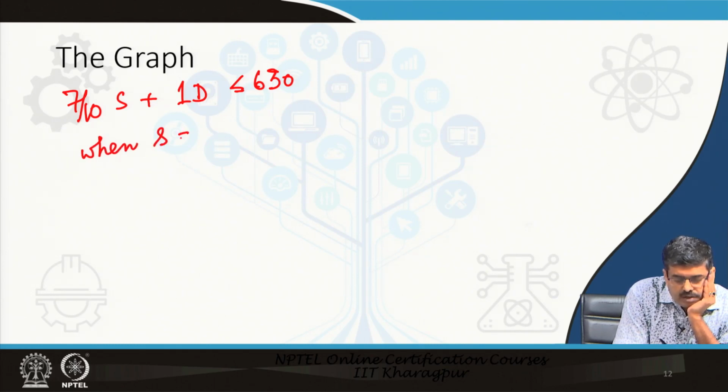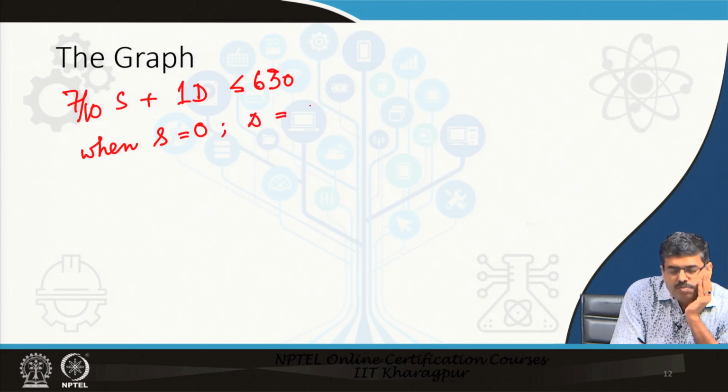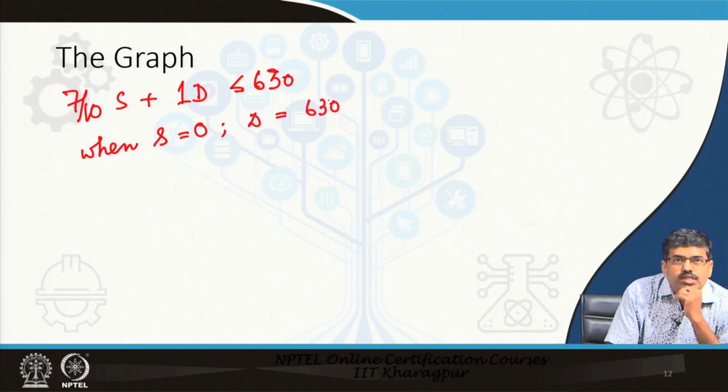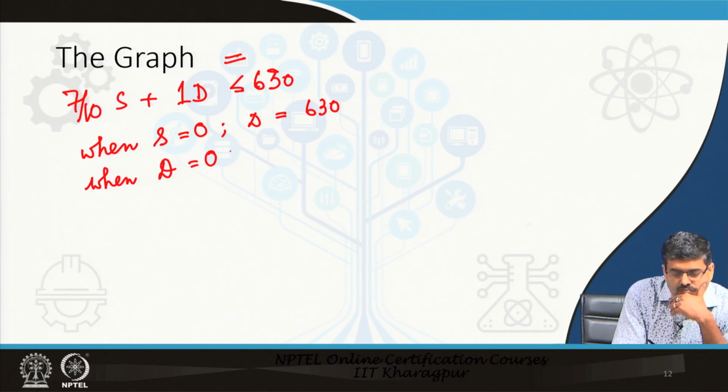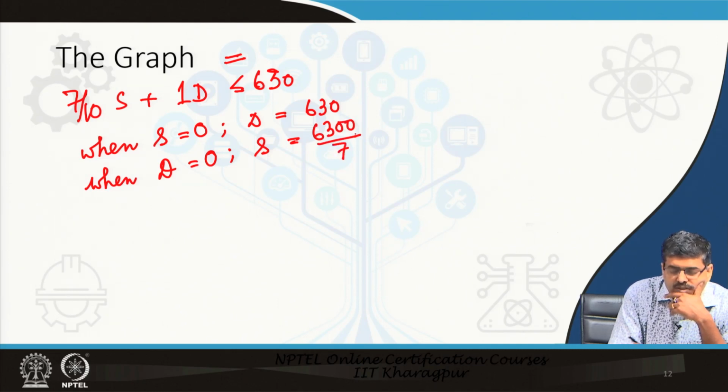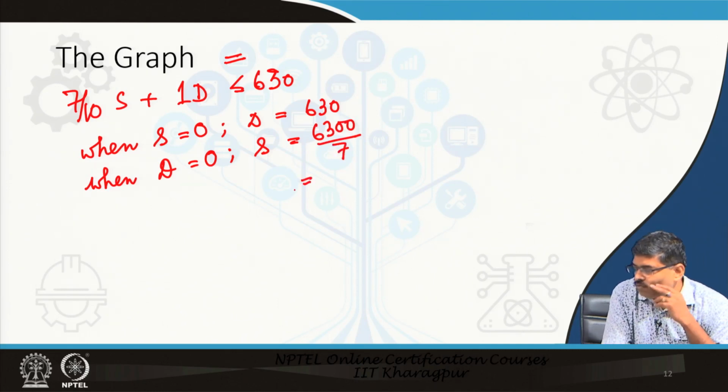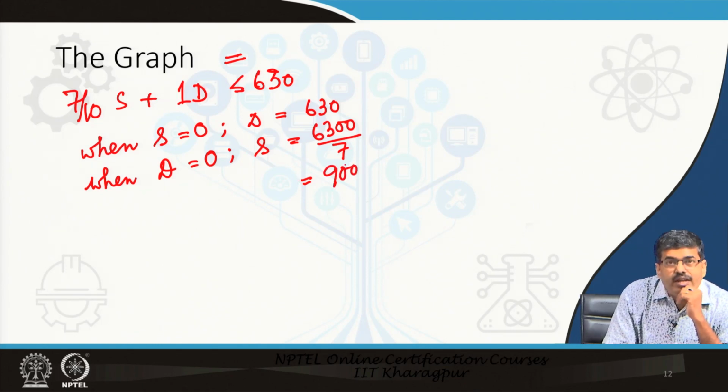When S is equal to 0, D should be equal to 630, right. For simplicity, we will make this an equality. When D is equal to 0, S is equal to 6300 by 7, that is equal to 900, 7 9s are 63.